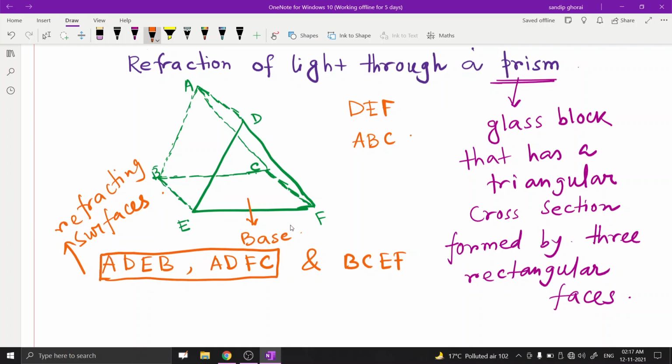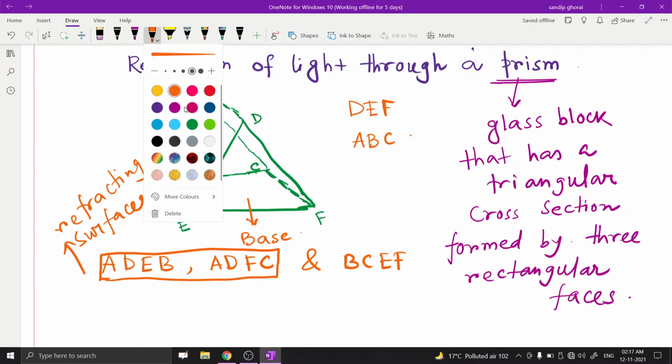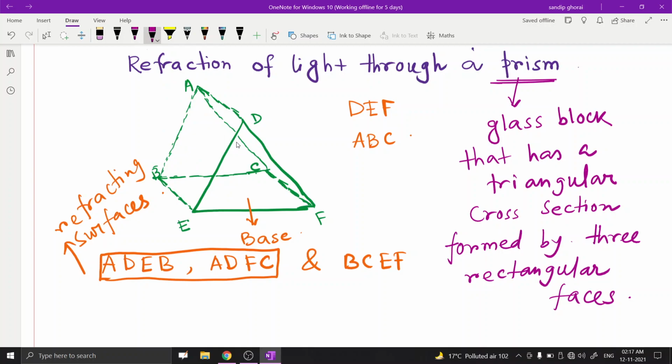Here the two refracting surfaces make an angle that is called the angle of prism.